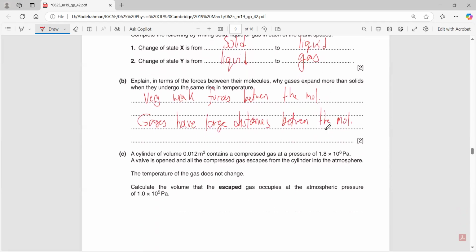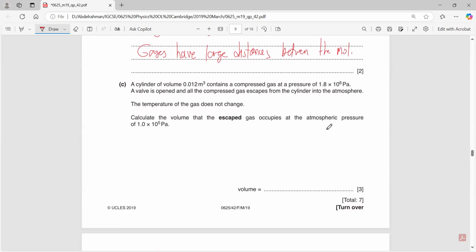A cylinder of volume 0.012 contains a compressed gas of pressure 1.8 times 10 to the power of 6. A valve is opened and all of the compressed gas escapes from the cylinder into the atmosphere. Calculate the volume that the escaped gas occupies at the atmospheric pressure of 1 times 10 to the power of 5 pascals. What should I do?